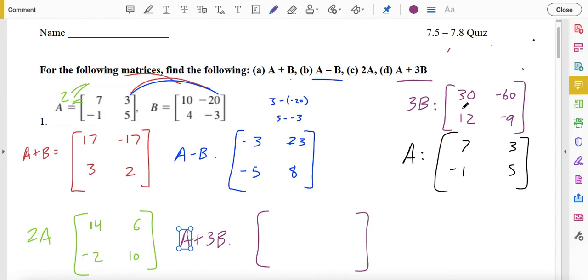We take the first one in each row, row 1, column 1. So 7 plus 30, which is 37. Negative 1 plus 12, which is 11. 5 plus negative 9, which is negative 4. And 3 plus negative 60, which is negative 57. So those are our 4 answers to this first problem, number 1.